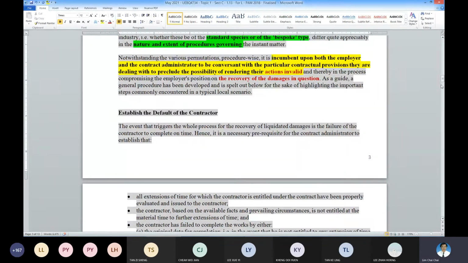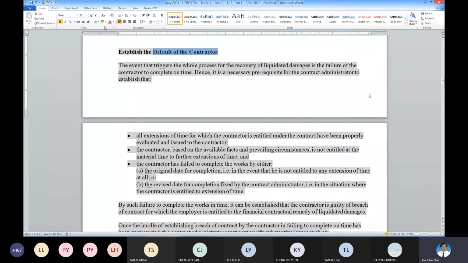So how to get it done? Basically, there must be a default by the contractor. The recovery of LD is due to the default by the contractor in not completing on time. This is the prerequisite for the contract administrator to invoke LD. But before that, generally, the contract administrator must evaluate all the EOT before you impose it.